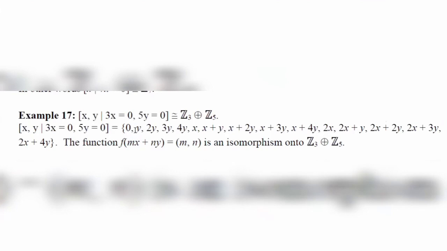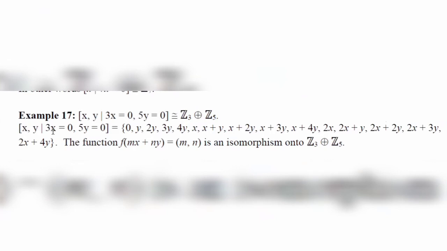I have another question, which is isomorphic to Z mod 3 direct sum Z mod 5. The relations can be written like this, as you can see on your screen. Here it is 3x.